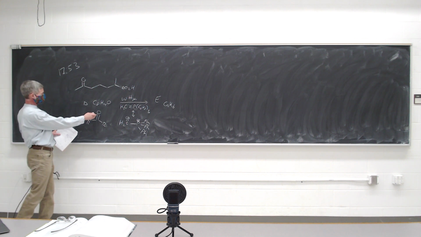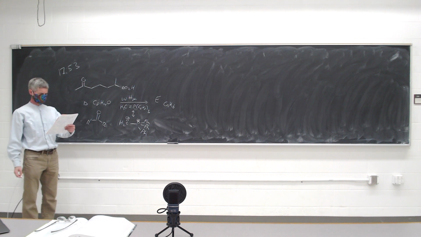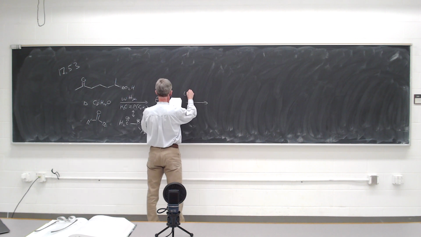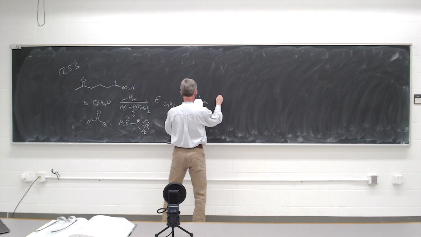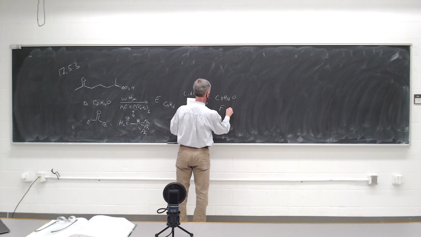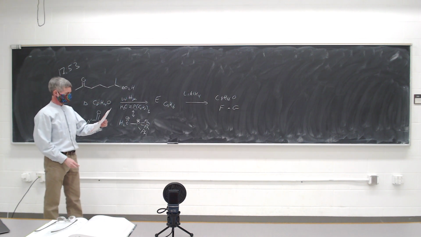And we're just converting that ketone or aldehyde into an alkene. We're going to treat this with lithium aluminum hydride to form C8H16O. They're isomers in unequal yield.